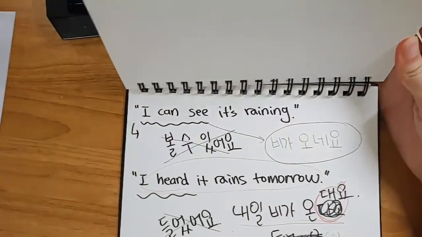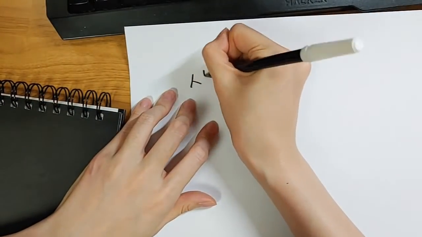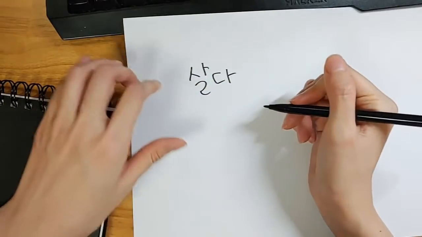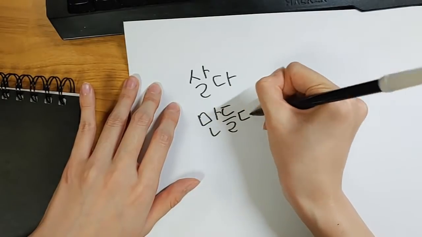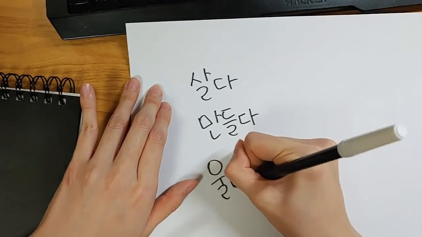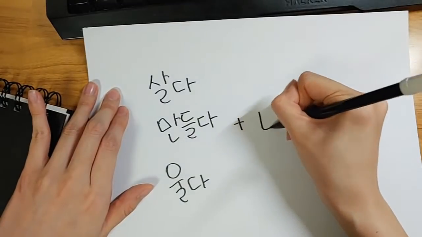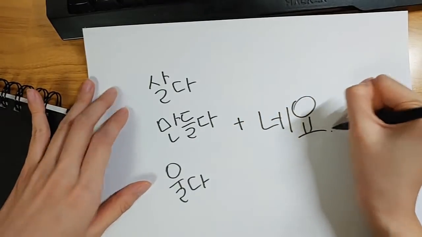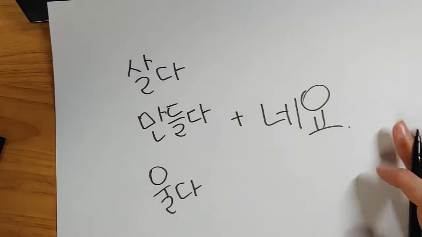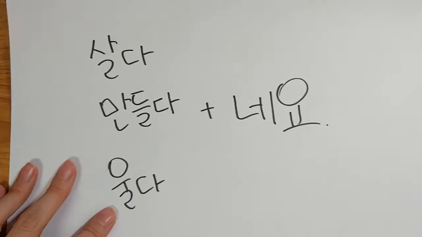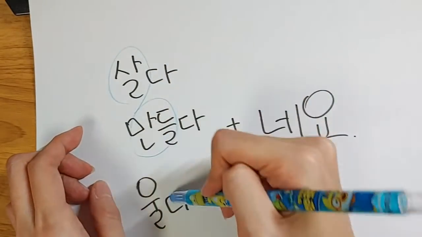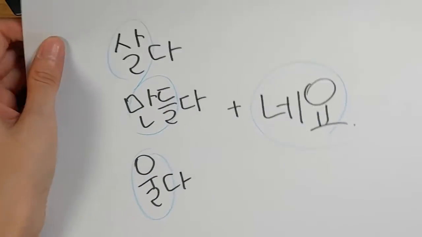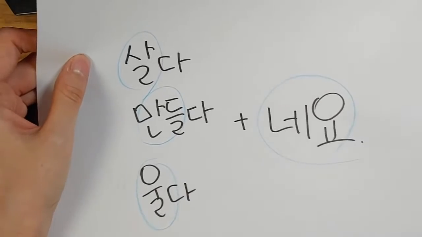what I prepared, and I forgot to mention that 살다, the verbs whose stem ends in 리을 받침, guys, 만들다, just like we learned, 울다. When they are combined with 네요, you have to delete the 리을 받침.